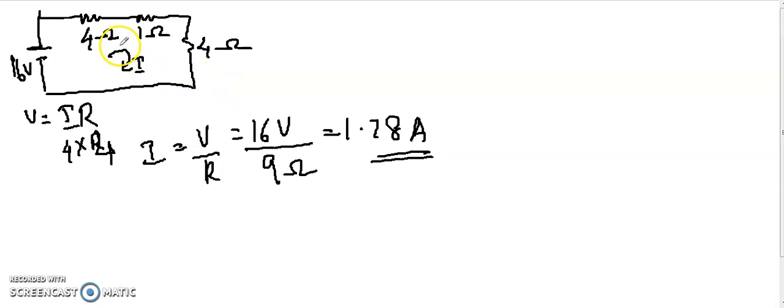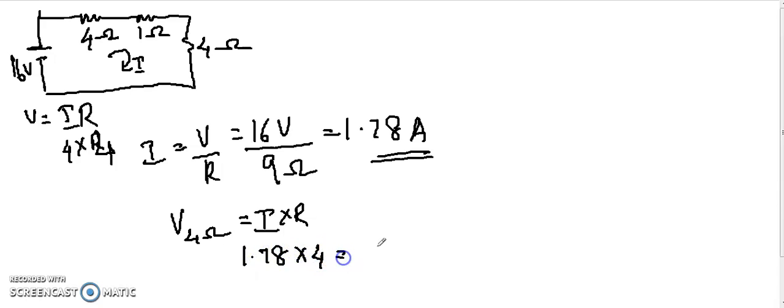So we got the current across this circuit, and we have to find the voltage across the 4 ohm, which is equal to I into R, where I we have got as 1.78 into 4, which is equal to 7.12 volt. This is the voltage across the 4 ohm resistor.